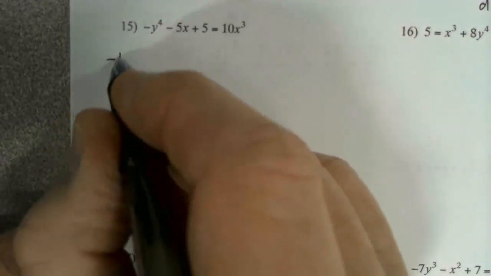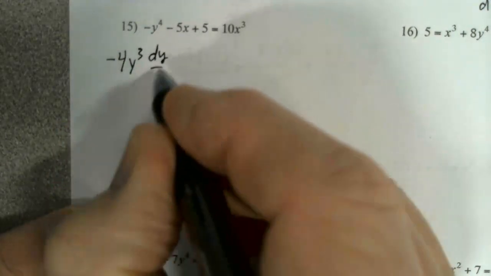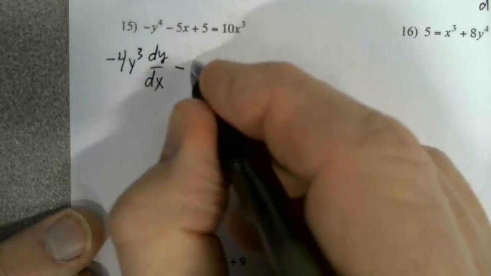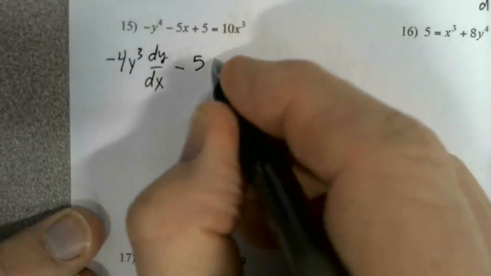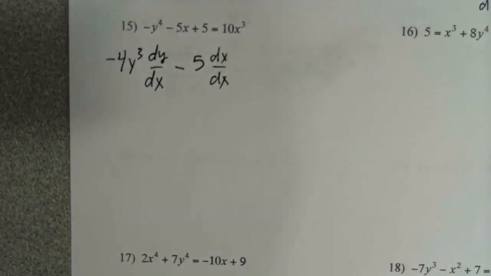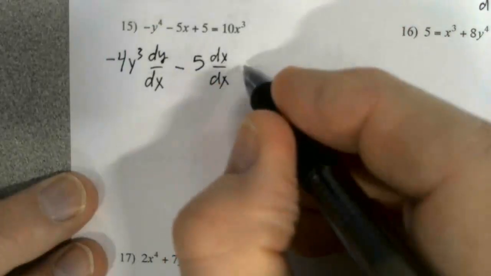This is going to be negative 4y to the third dy/dx minus 5 dx/dx. And some of you are probably realizing that I don't need to write the dx/dx.